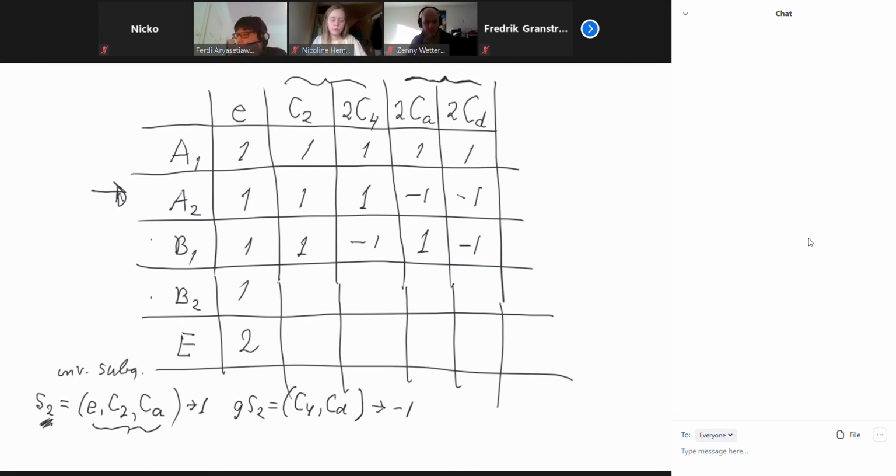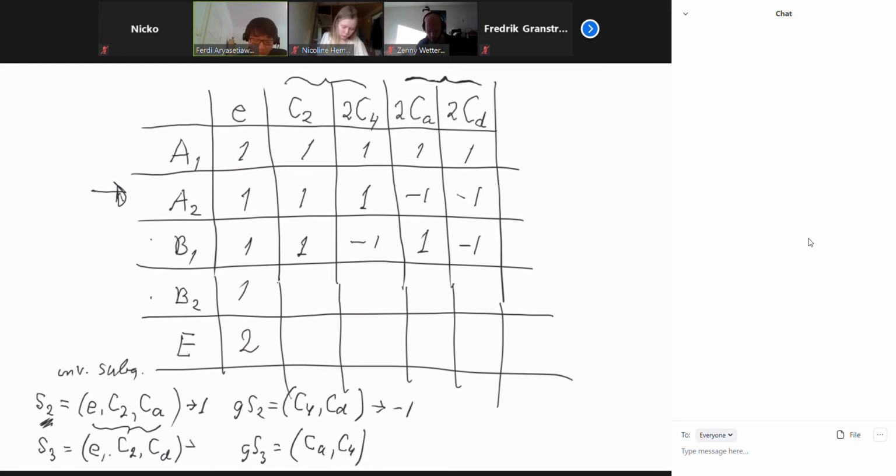We can do the same thing for another invariant subgroup. Let me call that S3. So that is E, C2, and CD. This also forms an invariant subgroup. And GS3 would be just the rest, CA and C4. So we do the same.